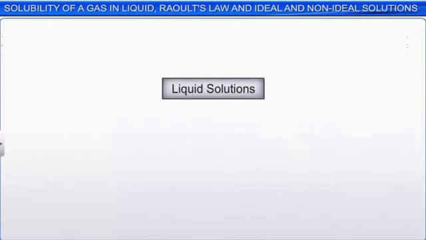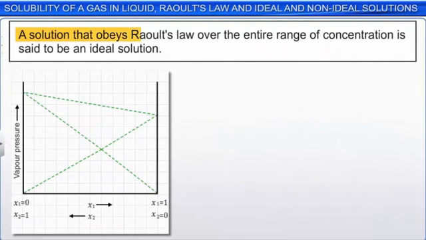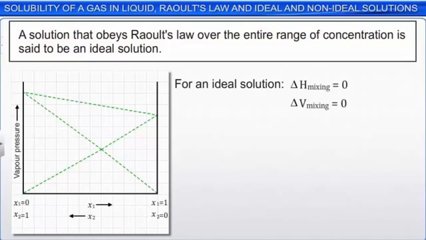On the basis of Raoult's law, liquid solutions can be classified into ideal and non-ideal solutions. Let us first discuss ideal solutions. A solution that obeys Raoult's law over the entire range of concentration is said to be an ideal solution. For an ideal solution, the enthalpy of mixing and the volume of mixing of the pure components are zero.